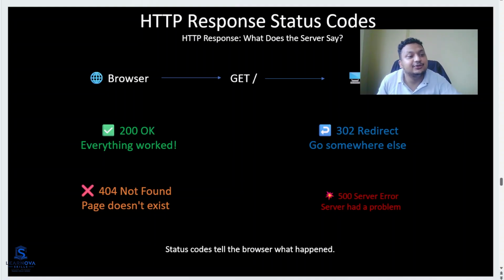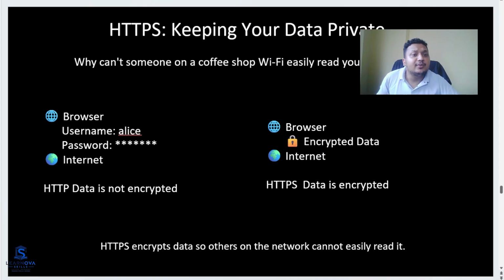And a 500 server error means there was a problem processing the request on the server side. So status codes provide information about the result of an HTTP request. When you are testing an application, these status codes are also very useful for understanding how the server behaves, right?